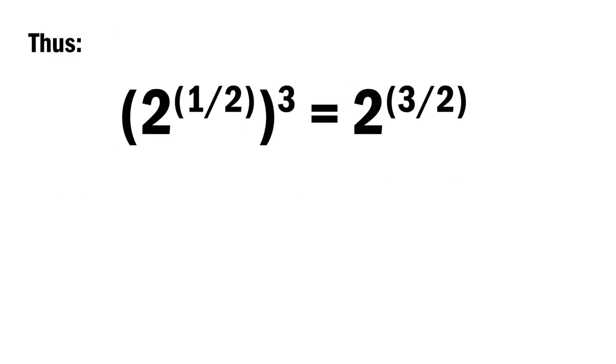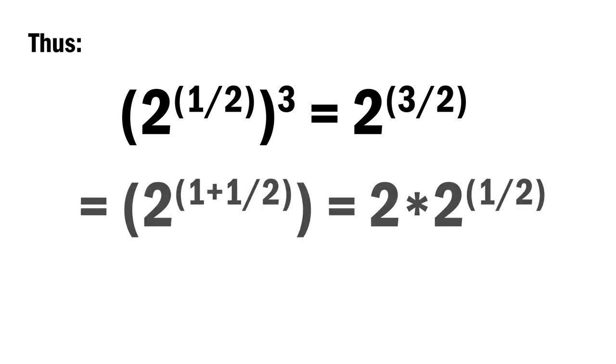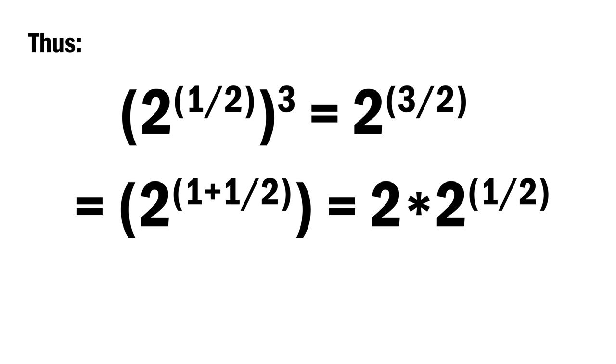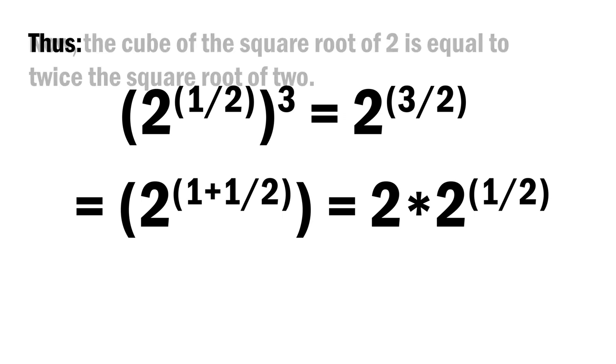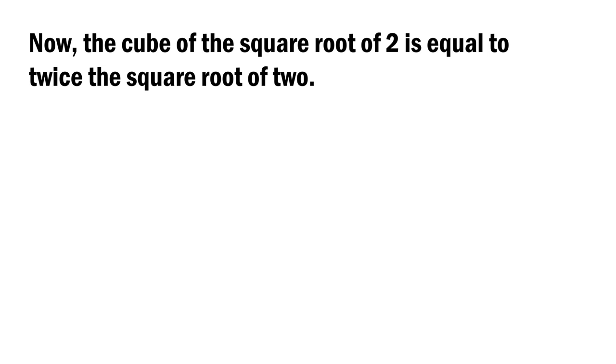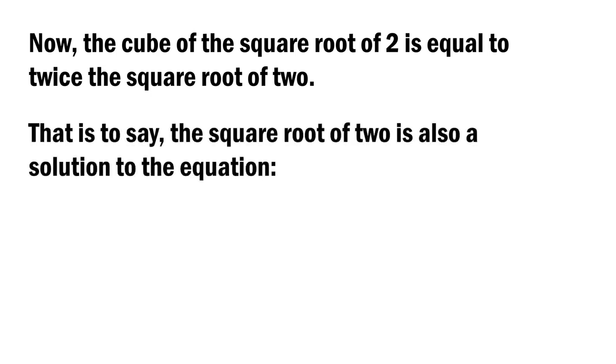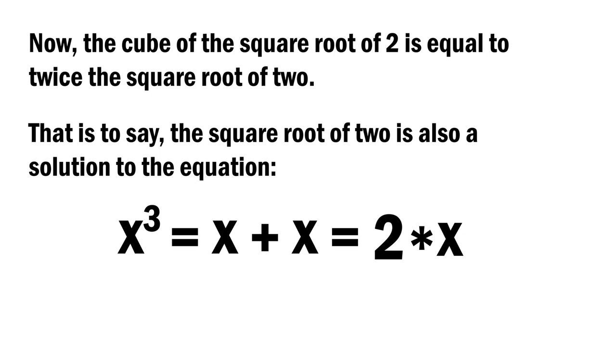Thus, 2 to the 1/2 cubed is equal to 2 to the 3/2, which is equal to 2 to the 1 plus 1/2, which is equal to 2 times 2 to the 1/2. Now the cube of the square root of 2 is equal to twice the square root of 2. That is to say, the square root of 2 is also a solution to the equation x cubed is equal to x plus x, which is equal to 2 times x.